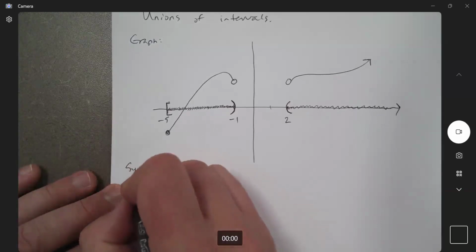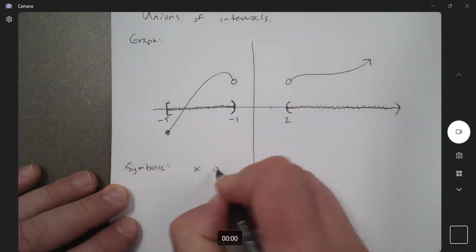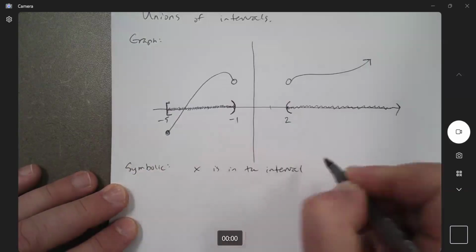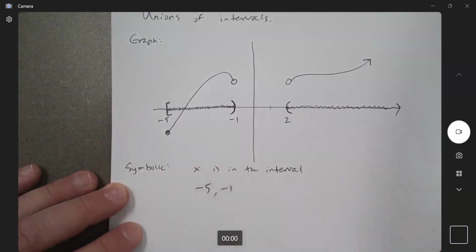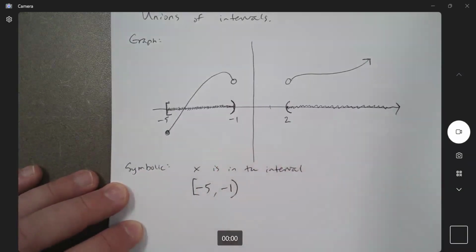So symbolic would say x is in the interval, let's see, -5 up to -1. And the -5 is included, so I use that bracket. The -1 is excluded, so I use the parentheses.